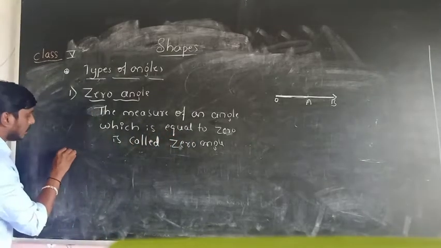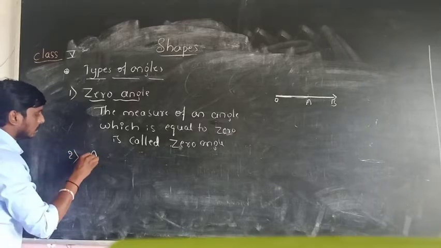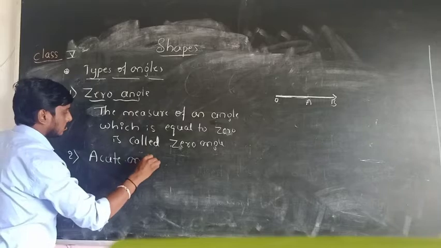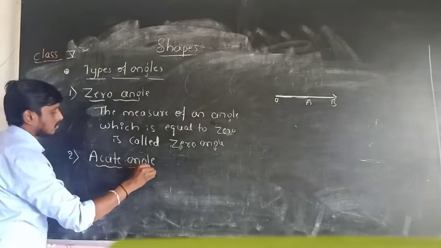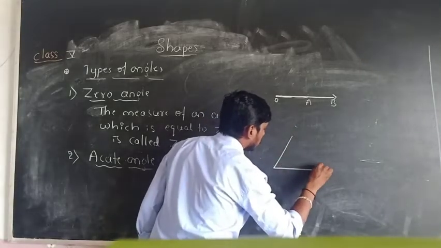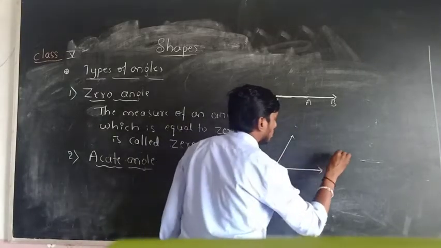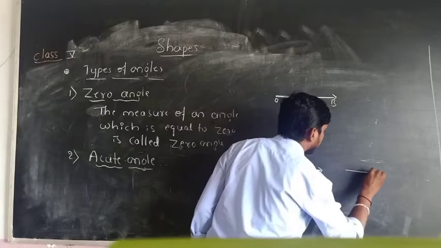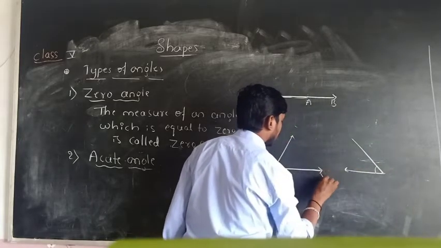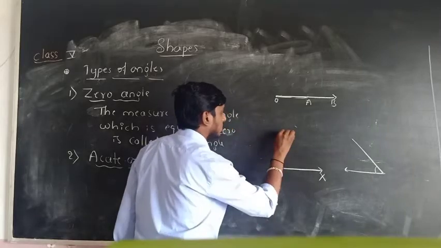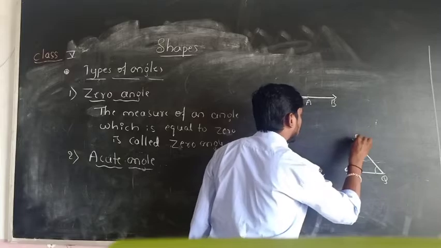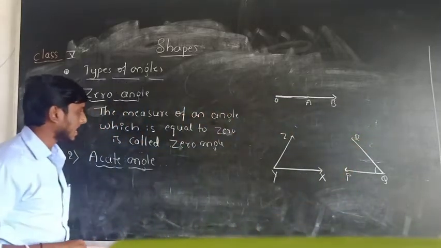So second type is acute angle. So here I draw some diagrams. So what do you mean by acute angle?